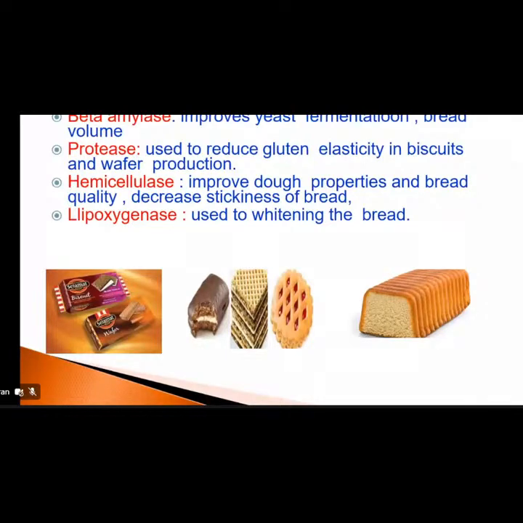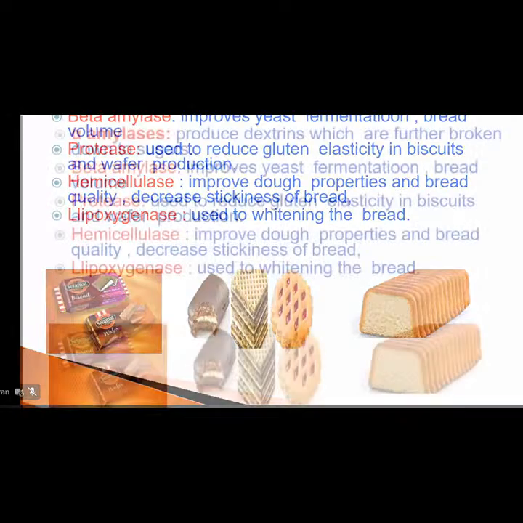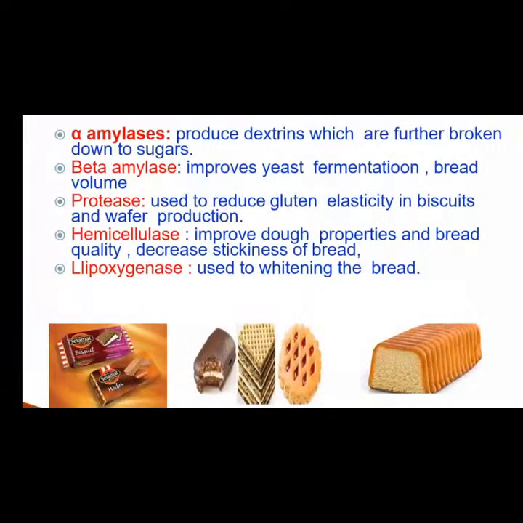And in the bakery industry, alpha amylases are used to produce dextrin. Dextrin is nothing but a carbohydrate compound which is broken down to sugars. And beta amylase is also used in yeast fermentation and also increases the volume of bread.